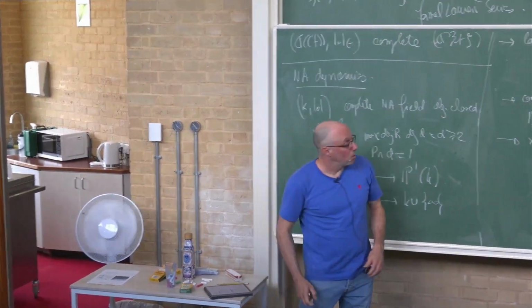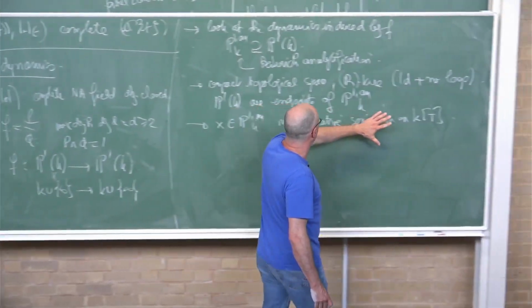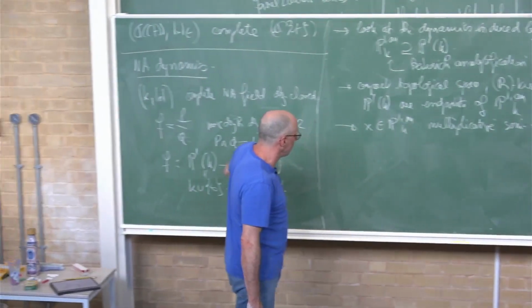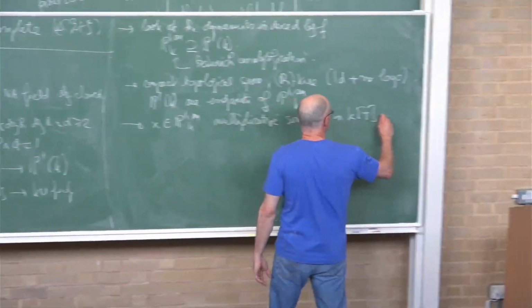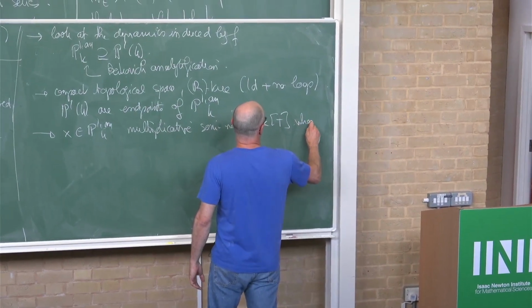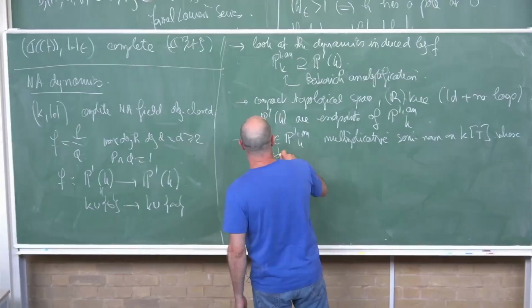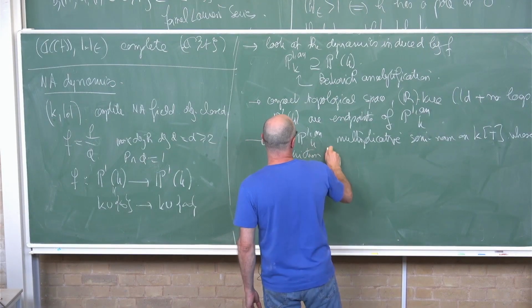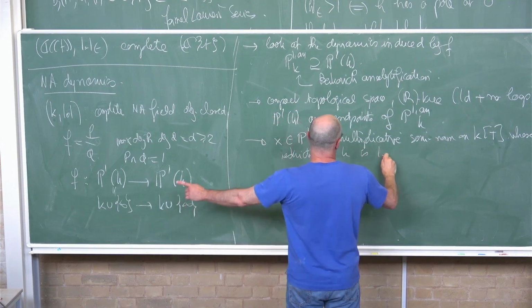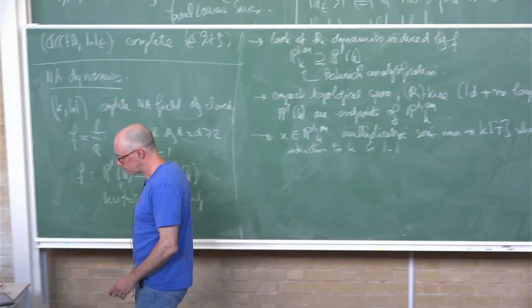Anyway, so what is important? Maybe I won't say exactly what this means, but okay, sorry, I forgot one thing. Whose restriction to K is the K norm, is the norm on the field.